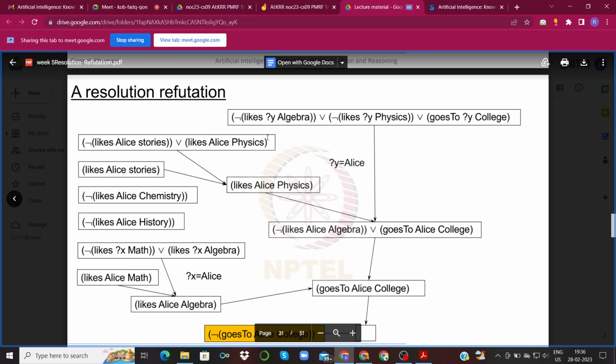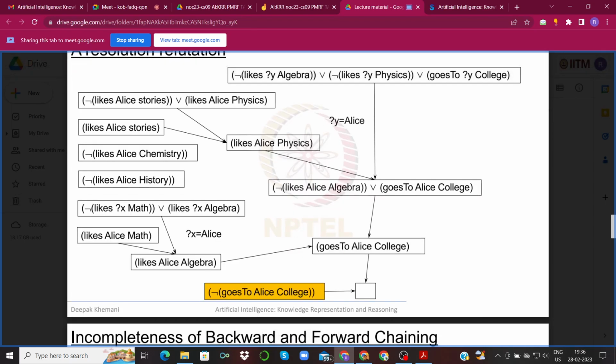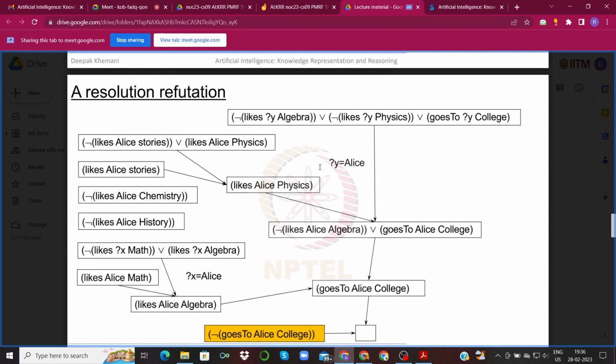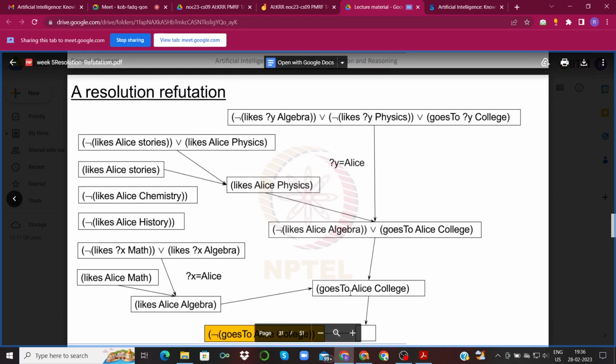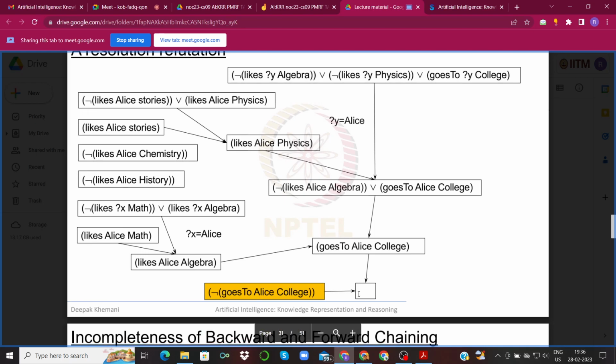Okay, so this is an example resolution refutation, the Alice goes to college problem that Sir discussed in his lectures. And here we terminated when we had this empty box.